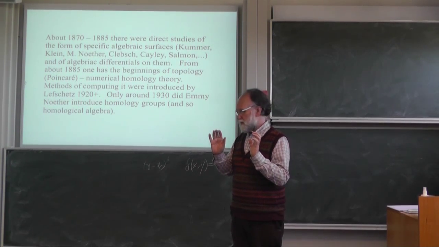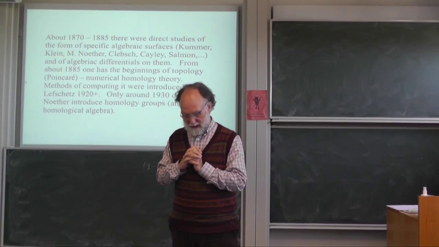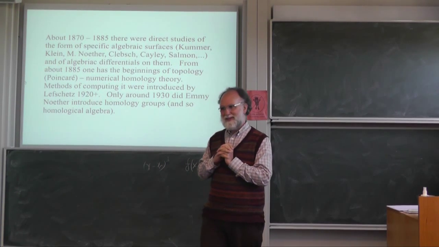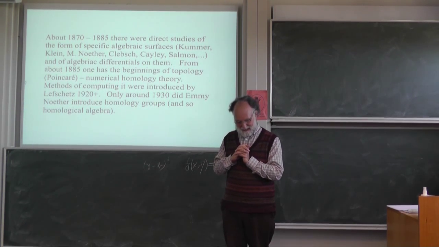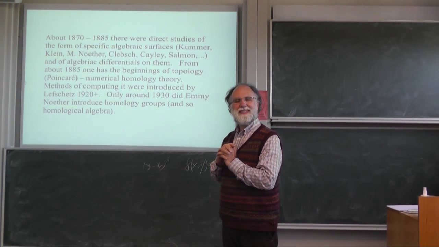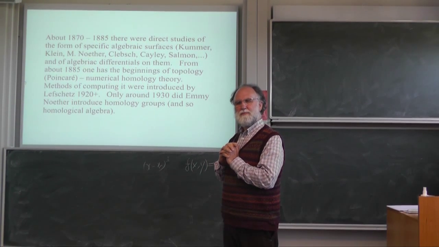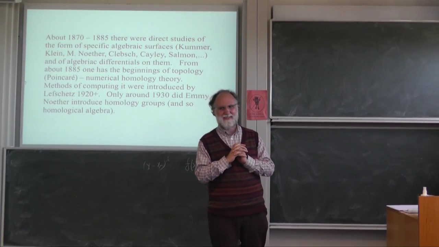Although there are those who argue whether it was she that was the first one, authorities like Hirzebruch believe that Emmy Noether was the originator of this, and it's one of the few examples of somebody who has revolutionized a subject with 0 papers in it. So she never wrote anything about it whatsoever.